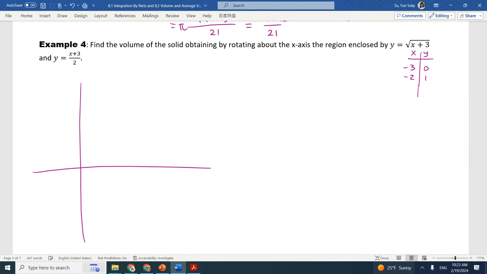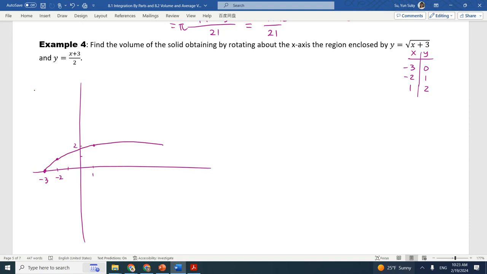And the next integer, 1. The square root of 1 plus 3 is 2. Okay, so let's look at those three points: minus 3 gives 0, minus 2 gives 1, and 1 gives 2. So we connect them.